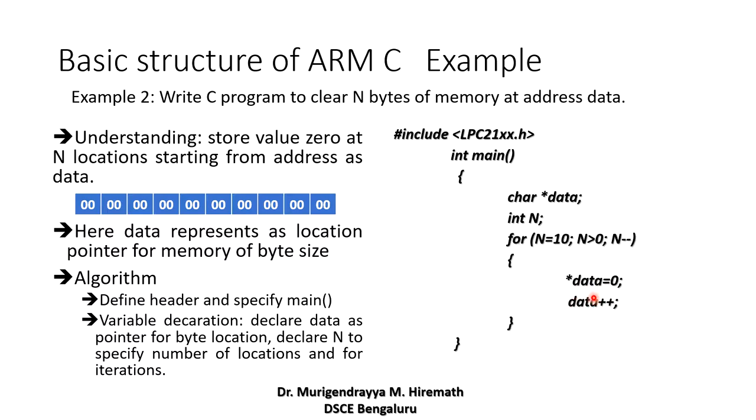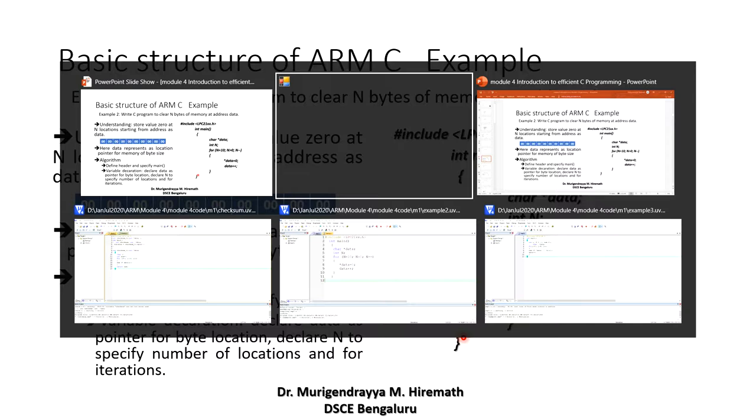So this has to be done by the loop. Here we are considering n as 10, means 10 locations are filled with 0 by using this loop. Let us look at how this program executes.